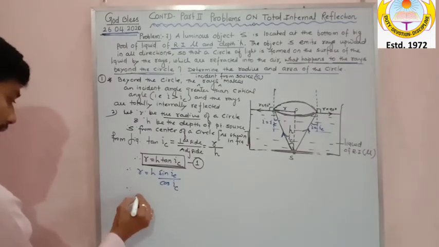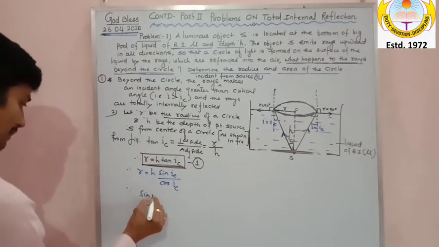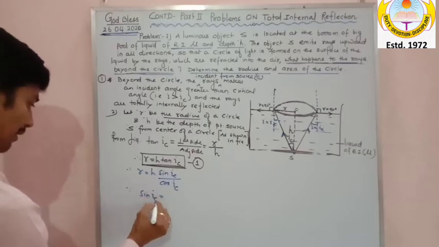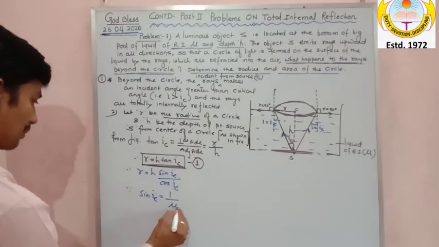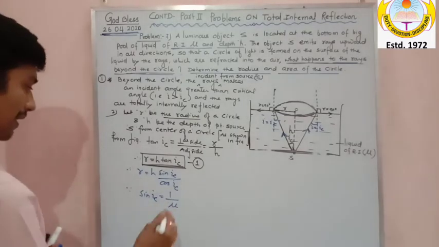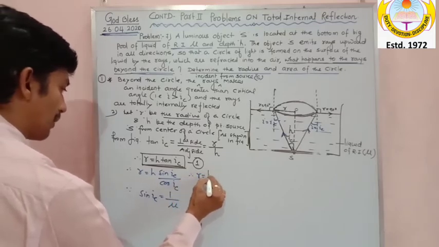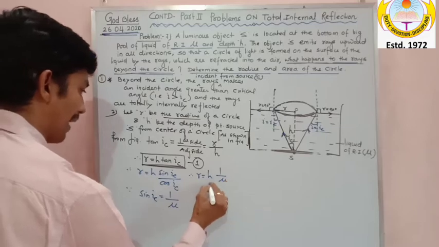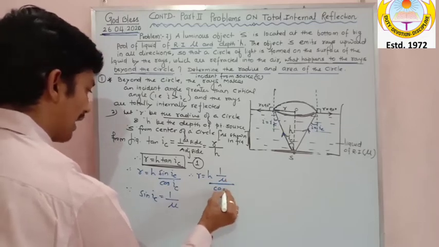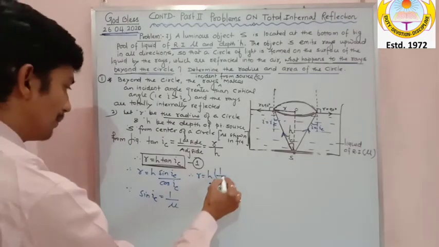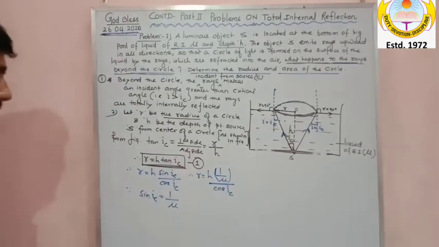since sin IC, you all know that in this case, for critical angle, sin IC is equal to 1 upon mu. So therefore R is equal to H times 1 upon mu divided by cos IC, because sin IC is nothing but 1 by mu, my dear.